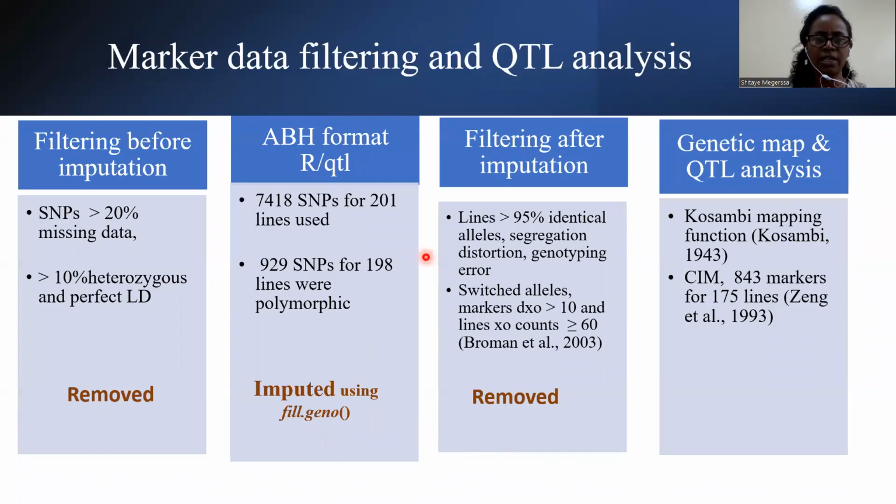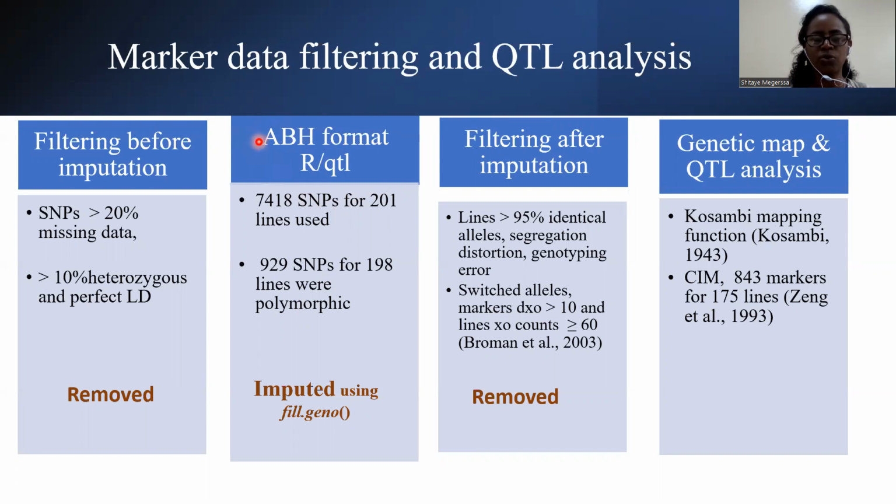We did marker filtering and QTL analysis. Filtering was done before imputation, and SNPs with above 20% missing data, above 10% heterozygous, and perfect LD were removed from the data. Our R/qtl package for QTL analysis requires the ABH format.